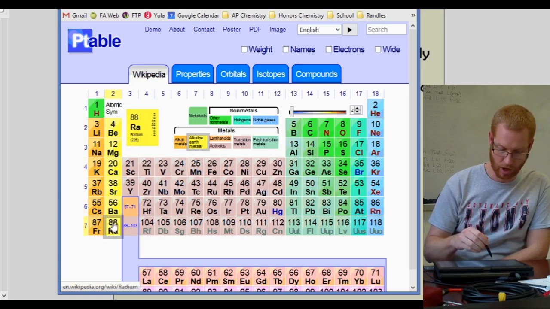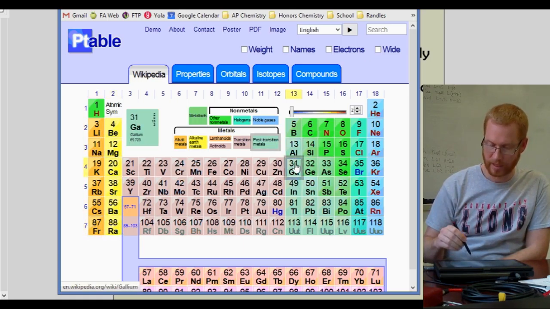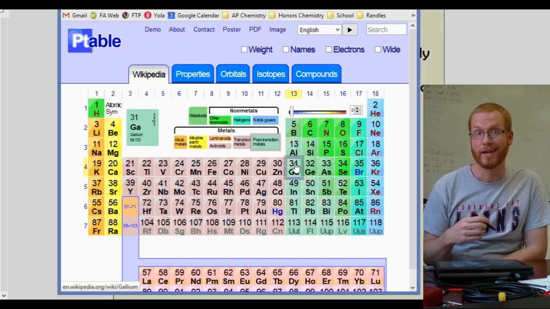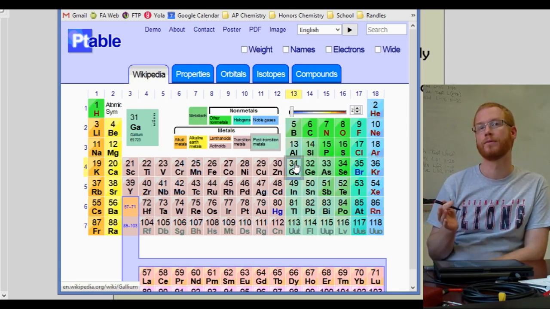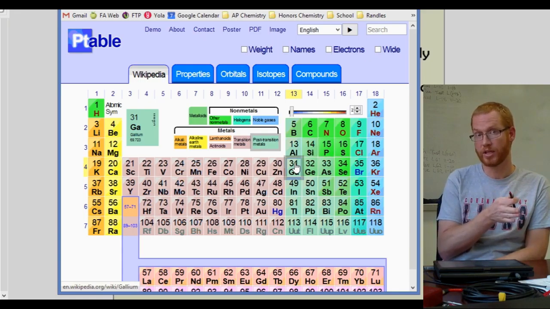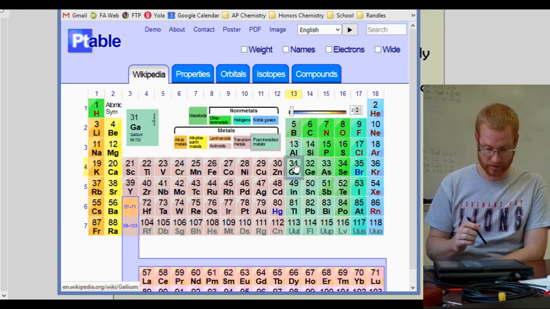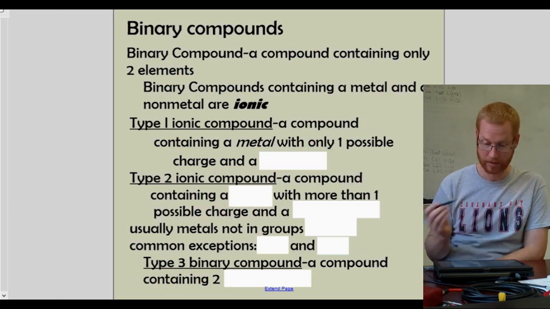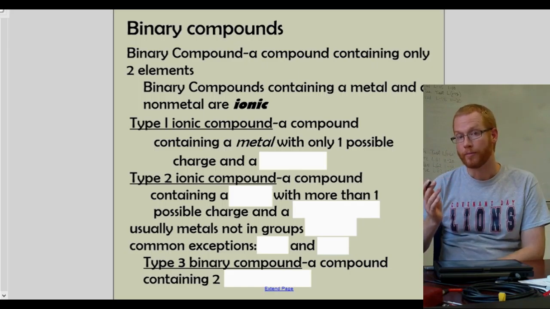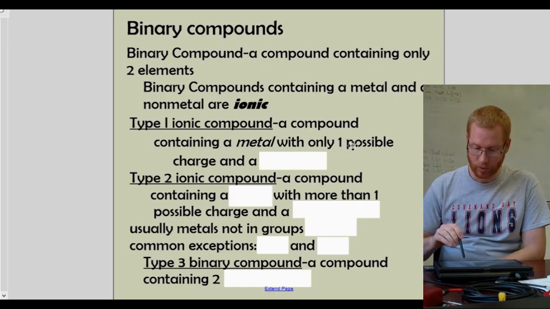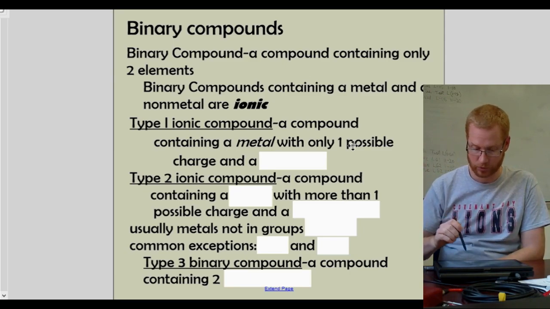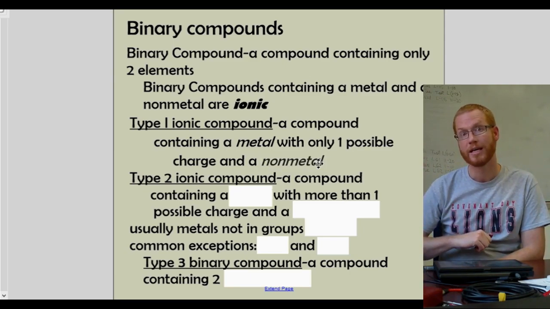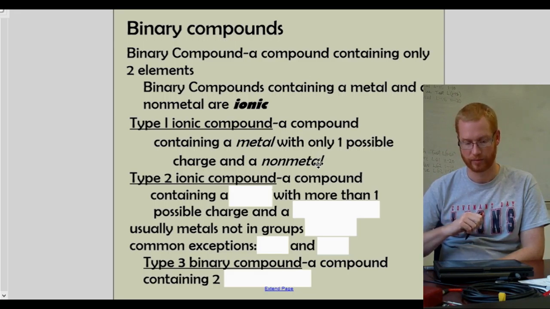Group 2 metals are always +2. Group 3 metals are always +3. They can't be anything else. That's why you can determine what the charge is based on where it is on the periodic table, because it can't have anything else. Well, when you have a metal from groups 1, 2, or 3, a metal with only one possible charge bonded to a nonmetal, that's going to be called a type 1 ionic compound.